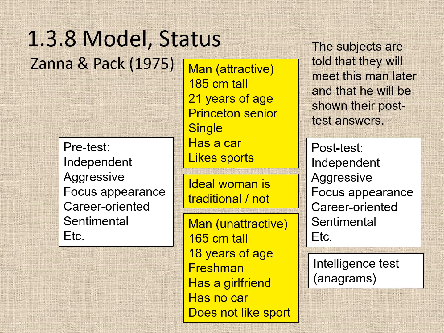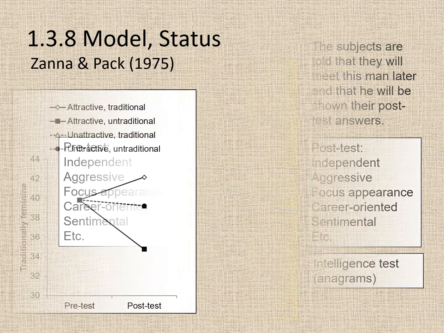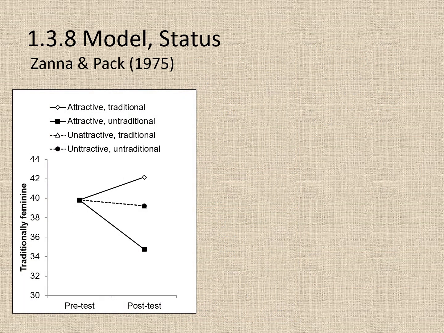If they're going to meet this hunk, the attractive man who has a car, remember he has a car, and they get the information that this person likes traditional women, what do they do? Well, they change their self-rating in a more traditional feminine way.